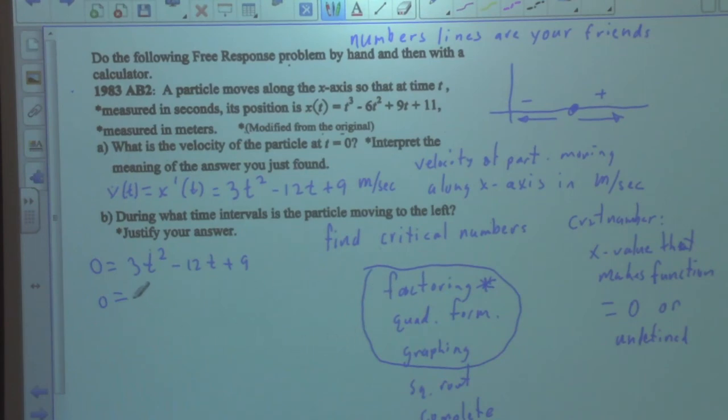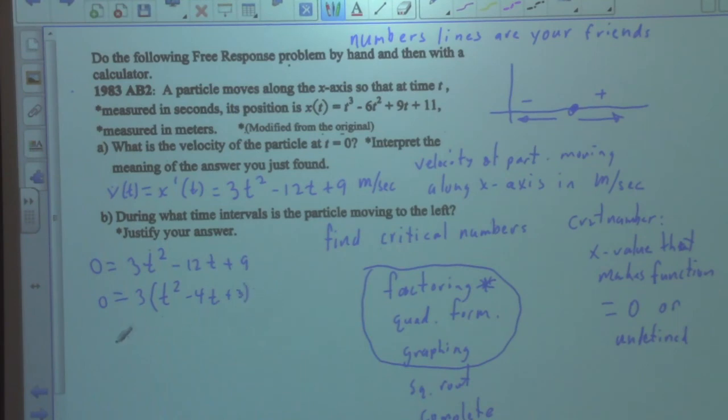So what are the factors of this? First thing you look for is common factors. Kylie just mentioned that. So you take the 3 out, and you get t squared minus 4t plus 3.